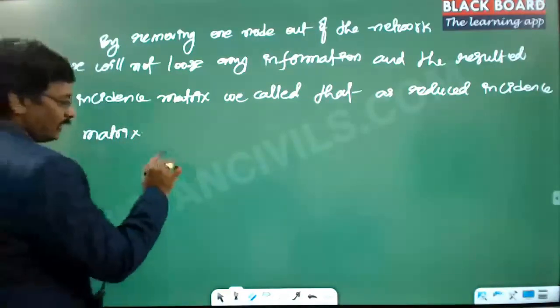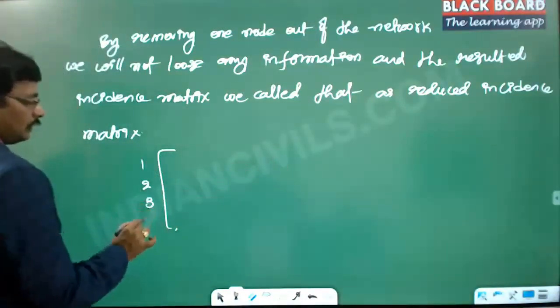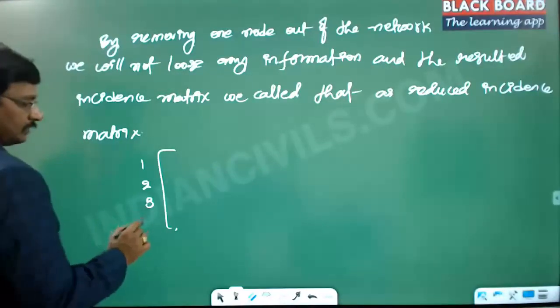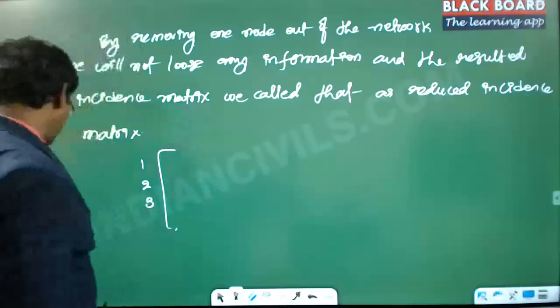Now we will see what exactly happens. Suppose these are nodes 1, 2, 3, and we will remove the fourth node and draw the information from there.